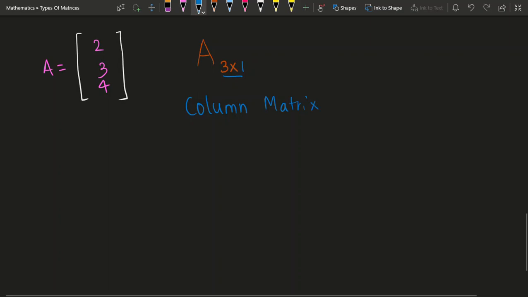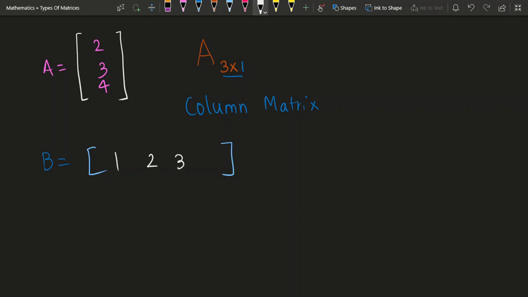And you could have any number of rows, but as long as you have a single column, it's called a column matrix. And you could have the analog in the form of rows. If you have a matrix which is just a single row and multiple columns, let's say you write 1, 2, 3, 4, 5.